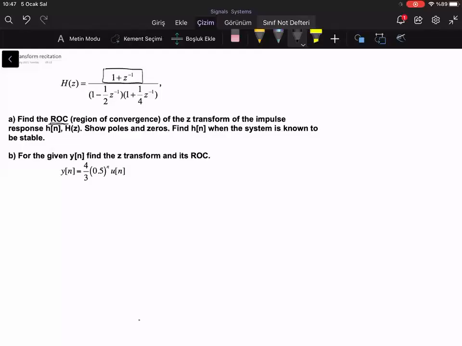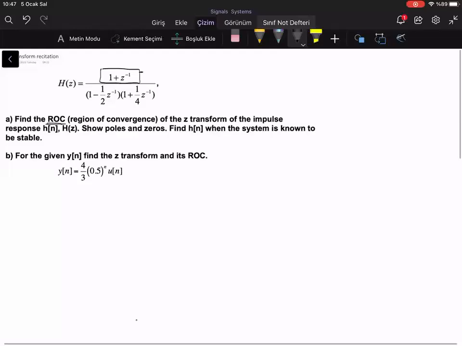Here is the question, and we have a numerator here and a denominator here. If they are with different polynomial orders, you see the polynomial order is -1 here, but it is -2 over here. So that's why I need to multiply both sides by z squared, right? Do you remember this concept, arkadaşlar?